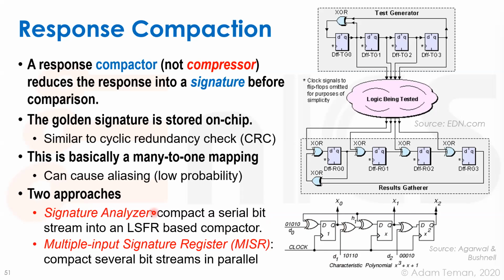The signature analyzer means that on each output from the logic, we have an LFSR, and that costs a lot. With the MISR, we use one of these MISRs and we drive all of the outputs into it in parallel.